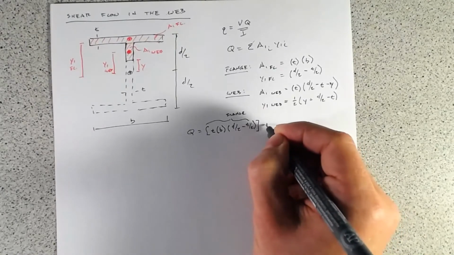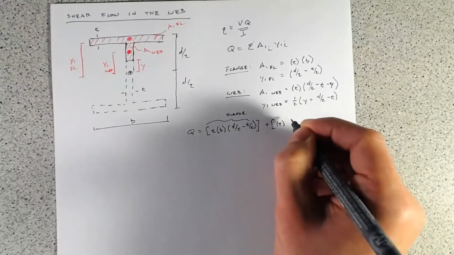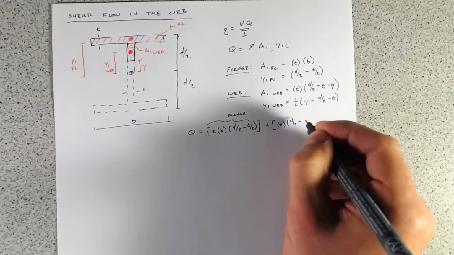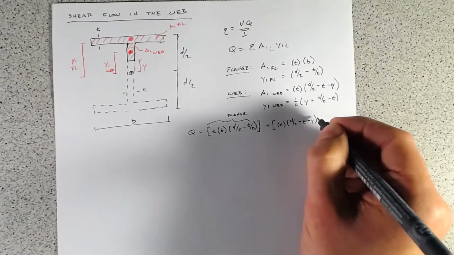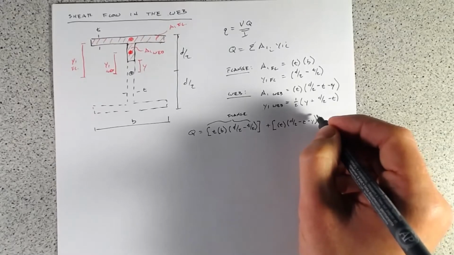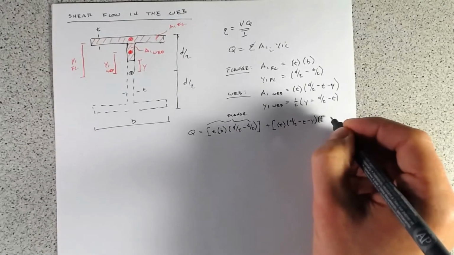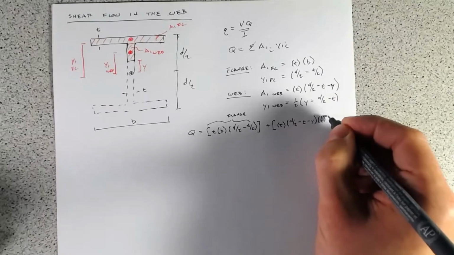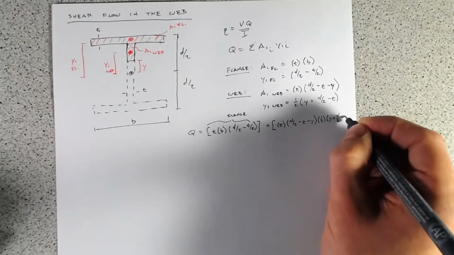And then we sum up and add in the component from the web. That's t times d over 2 minus t minus y multiplied by 1 over 2 times y plus d over 2 minus t.